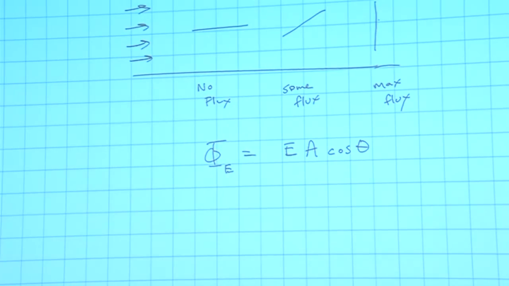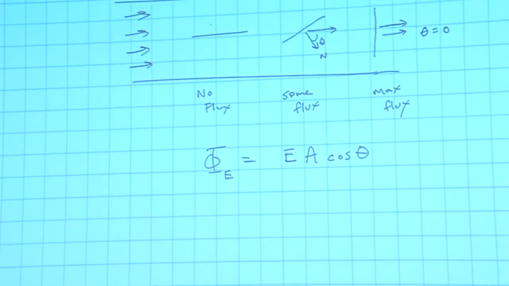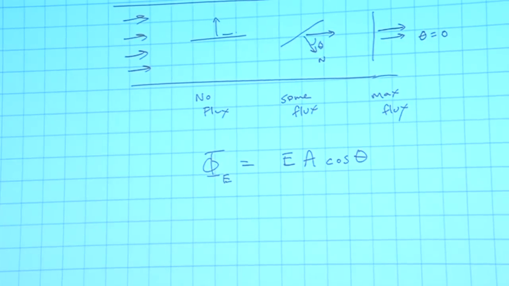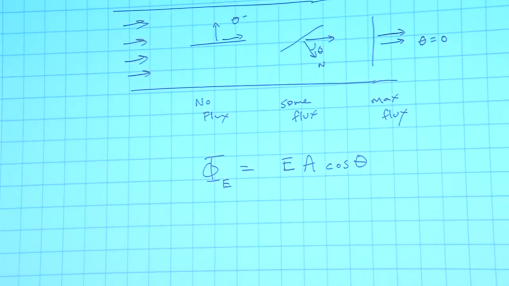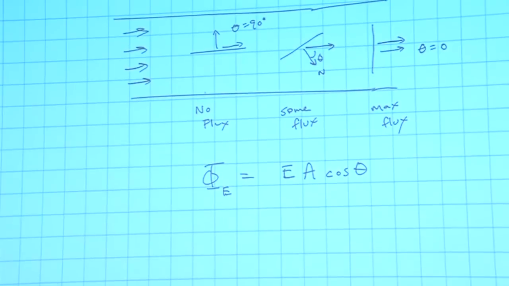Because we chose the normal to the surface. The normal and our electric field, if instead of this being water, this was electric field, it would be pointing in this direction, and that's theta, and so here they both point in the same direction. So we get a maximum there, and over here they point 90 degrees apart, so we get 0.